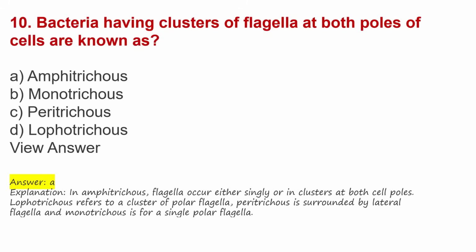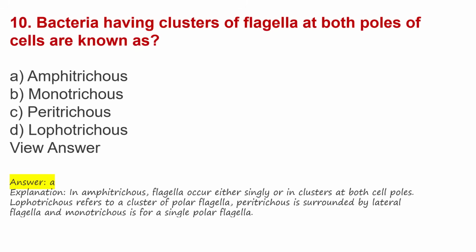Explanation. In amphitrichous bacteria, flagella occur either singly or in clusters at both cell poles. Lophotrichous refers to a cluster of polar flagella. Peritrichous means the cell is surrounded by lateral flagella.